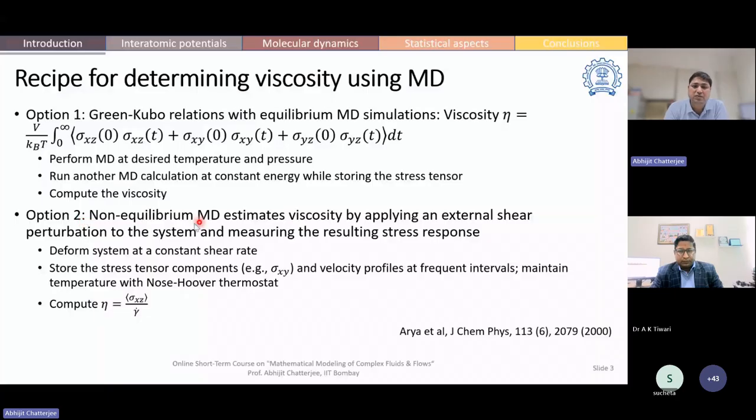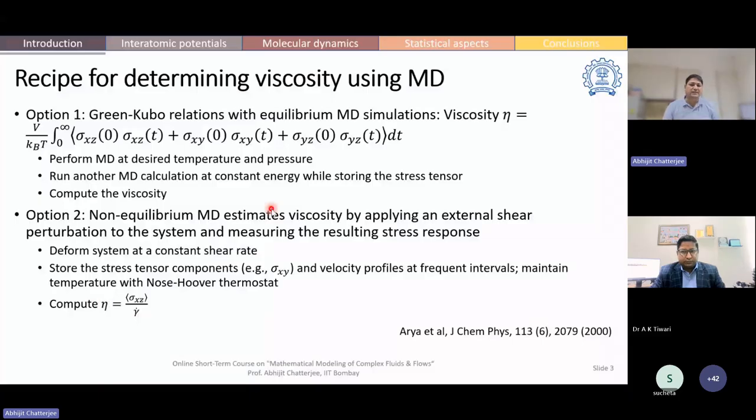The other option is to perform an MD simulation just like the experiment, right, where you apply an external shear and you make the walls of the system essentially move, and measure the velocity profiles at frequent intervals, and this will provide an idea about the strain rate, and one can therefore compute the viscosity, right?